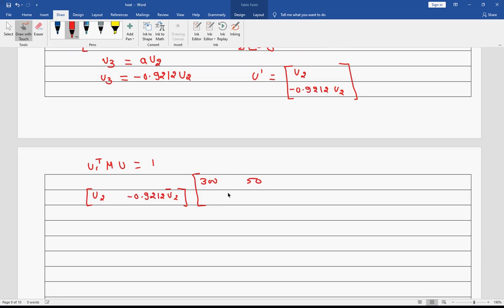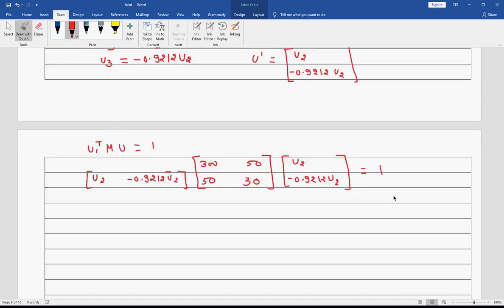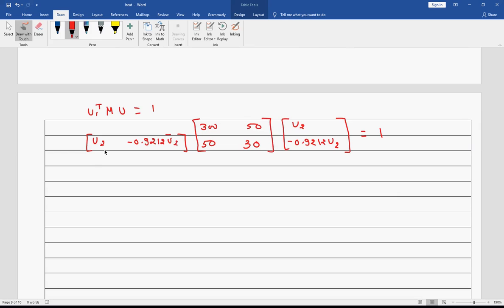So 300, 50, 50, 300, and that will be multiplied by U2 minus 0.9212 U2, equal to 1.